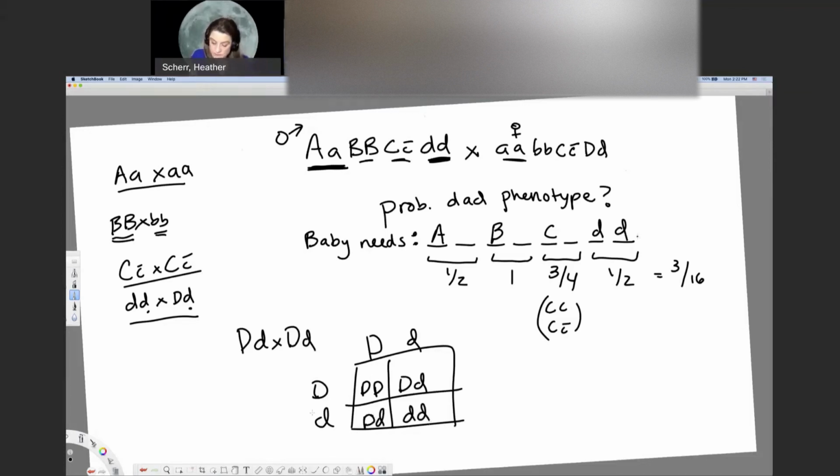So to get little d from this cross, you're right, it would be 1/4. But in our case, we have that cross, and in that case, it's 1/2. So this is what I get. Cool.